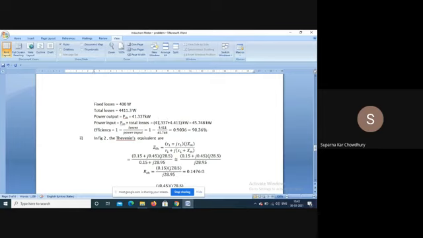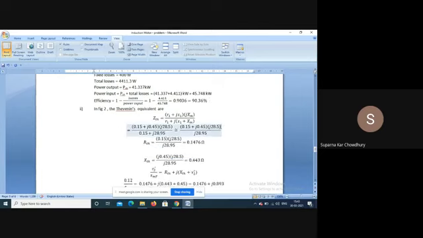So this is 45.478 kilowatt, the power input. So efficiency is 1 minus loss by power input. Also you can write it as power output by power input. So putting the values, we get efficiency equal to 0.9036 or 90.36% efficient at full load.